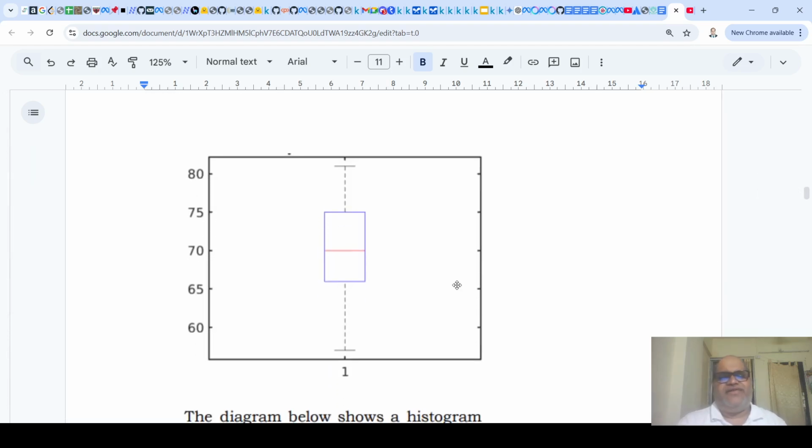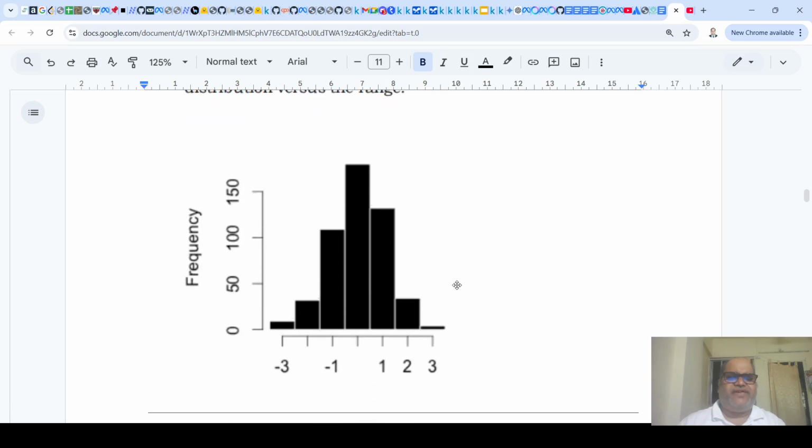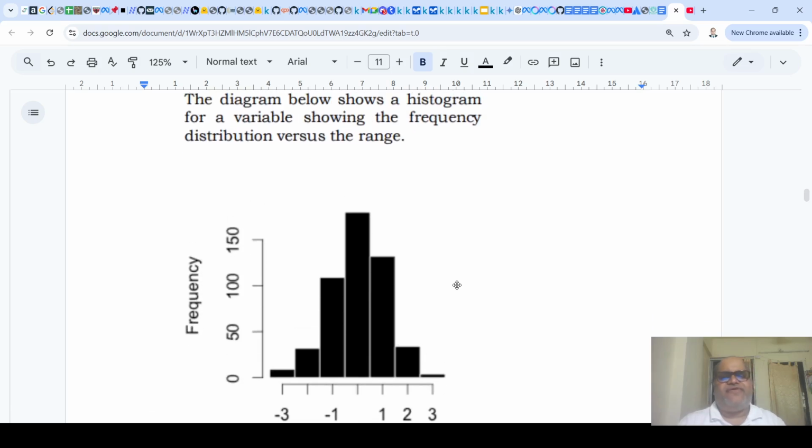So here you can look at the middle red line, and then you look at the two horizontal bars. By looking at it, you can see how far from the mean the data sets are, and it gives you some idea about its spread. In terms of histogram, you can look at the frequency distribution versus some range of it.